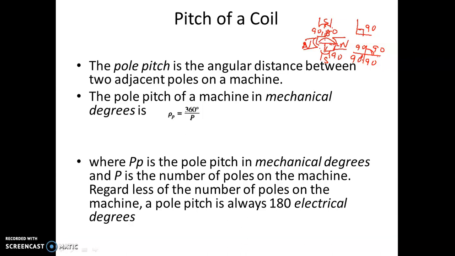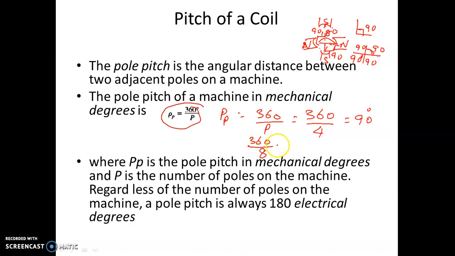The pole pitch of a machine in mechanical degrees is like this: pole pitch equals 360 by P. If the number of poles is 4, it will be 90 degrees. If poles are 6, then it will be 60 degrees. If poles are 12, 360 divided by 12, it will be 30 degrees. That means between one pole and another pole, the angular displacement will be 30 degrees.